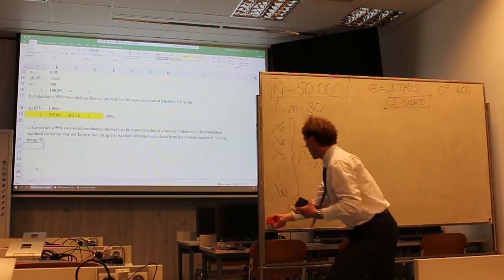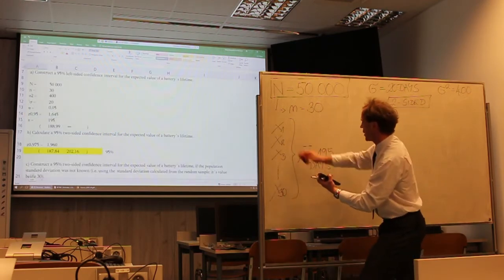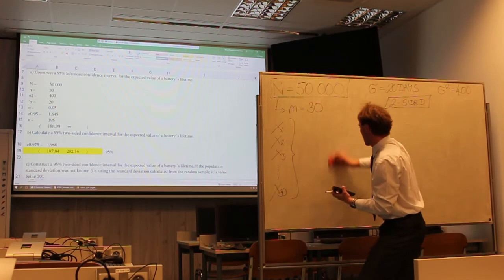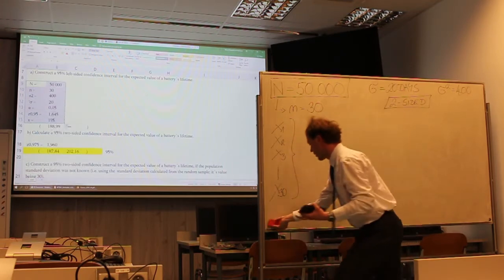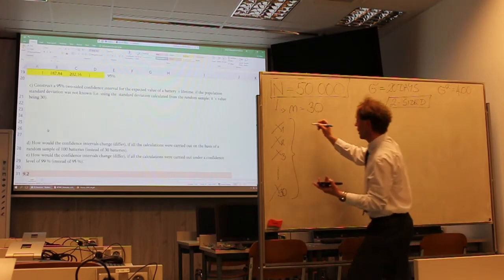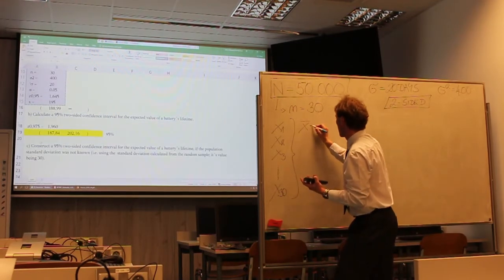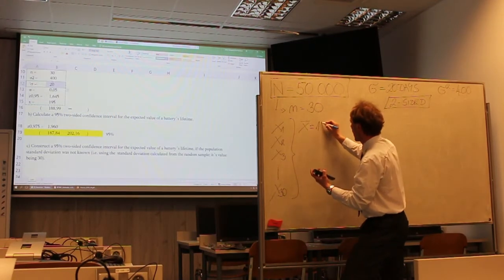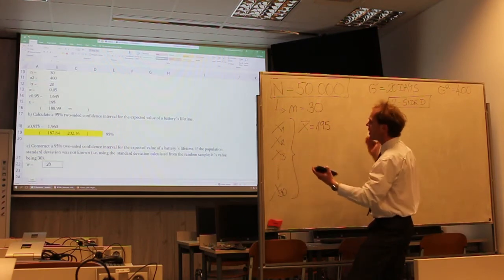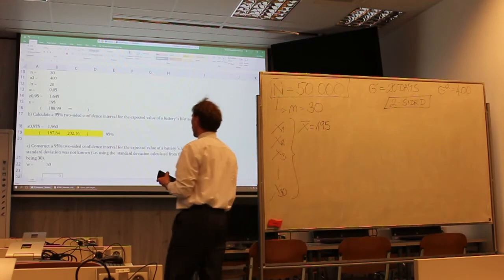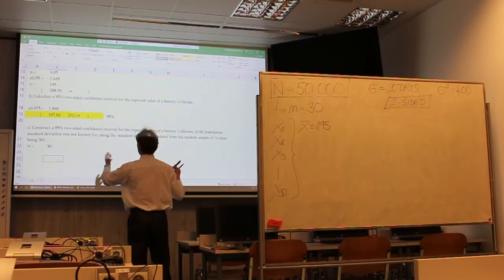Can you see these values? x1, x2, x3, until x30. We calculated the sample mean, 195 days, and we calculated our standard deviation.